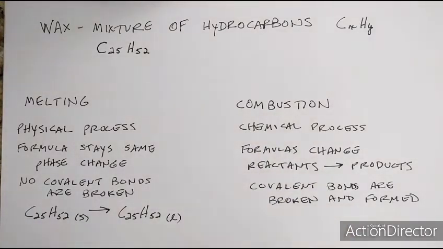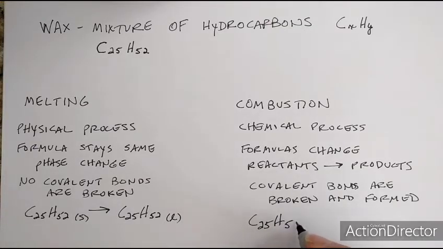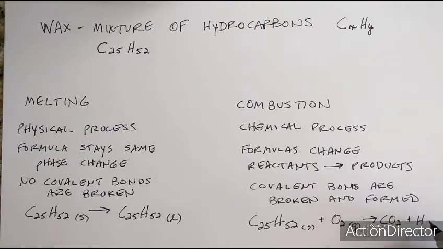For combustion, we start out with C25H52, and it will be solid. And for any combustion reaction, we must have oxygen, so O2, as a reactant. And when you have what is called complete combustion, your products are CO2 and H2O.